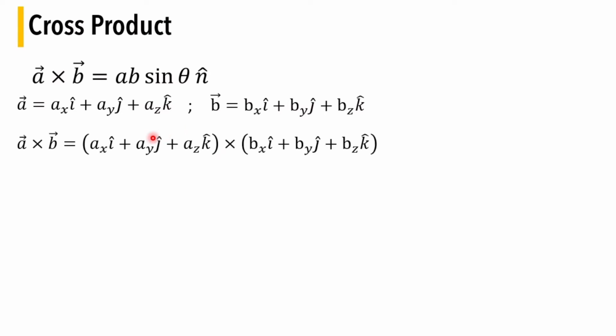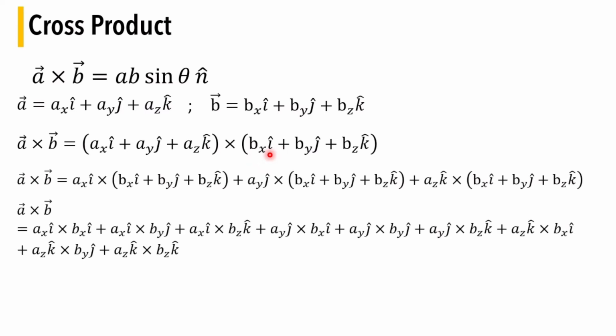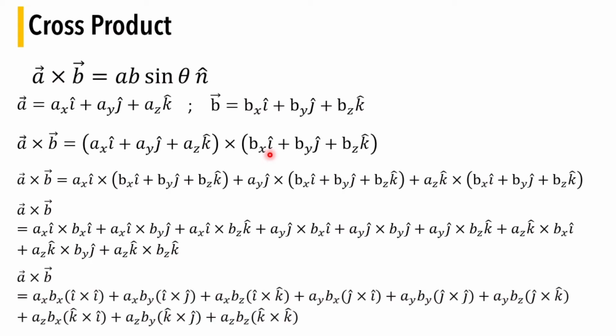We write them like this, and then we multiply them the usual way we do multiplication of two brackets. Just like that, there is nothing special going on here. The special thing that we need to pay attention to comes in this last step here. So we separate our vectors, which are unit vectors in this case, and our scalar quantities on the outside of the bracket.